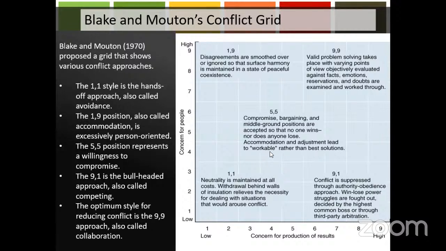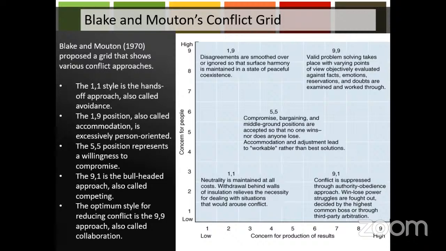For example, when you look at the avoidance 1.1, it shows organizations that don't want to involve themselves in any conflict to solve anything are more likely not to be concerned with production, because if they don't want to solve issues that are affecting production, production suffers. If they don't want to solve issues that affect the welfare of the people, productivity also suffers.